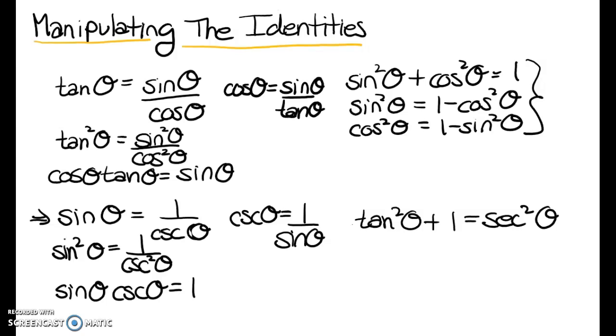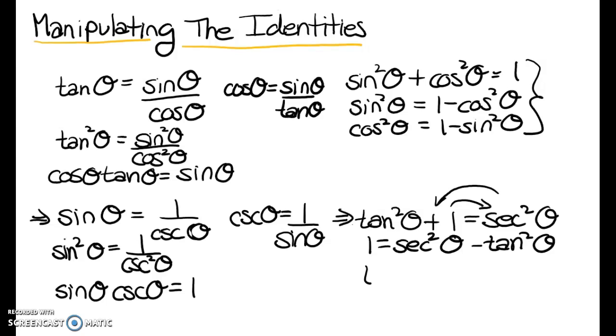How about if I tried to use this identity down here, tangent squared plus 1 equals secant squared? Well, I could subtract tangent squared to the other side and get 1 equals secant squared theta minus tangent squared theta. I could also switch these and say tangent squared theta minus secant squared theta equals -1.